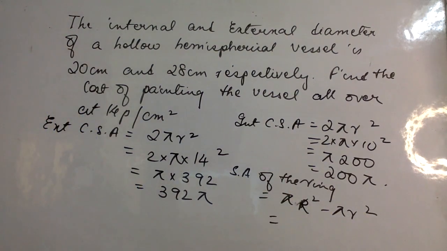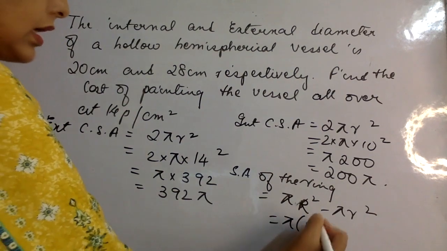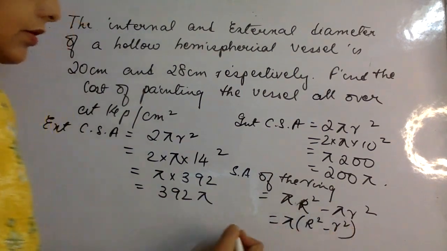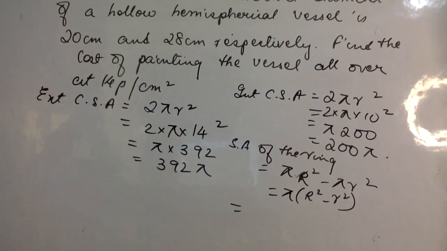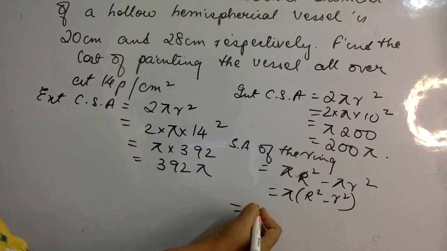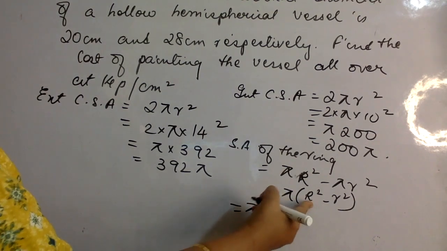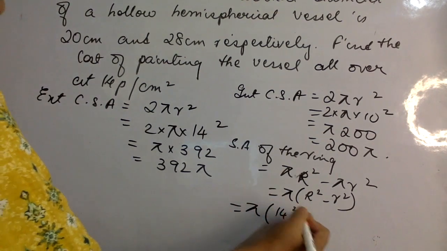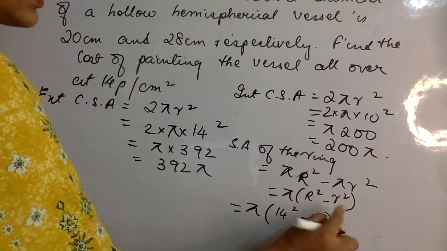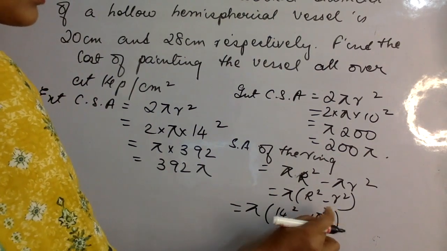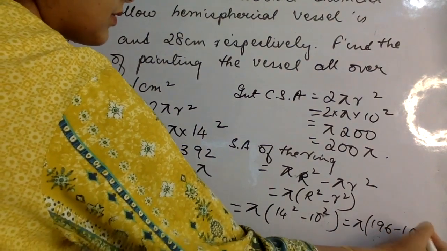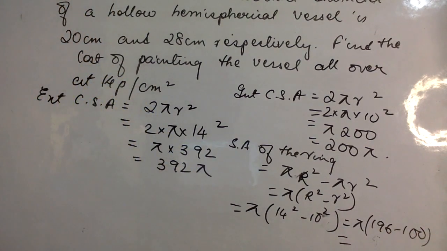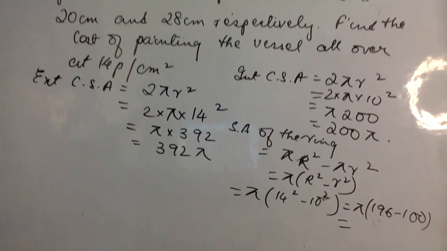What is that? Capital R is pi into R square minus r square, okay, and that comes to how much? This is pi, R is external 14 square minus 10 square, okay. 14 square minus 10 square, that comes to pi into 196 minus 100, that comes to finally how much? 96 pi, isn't it?